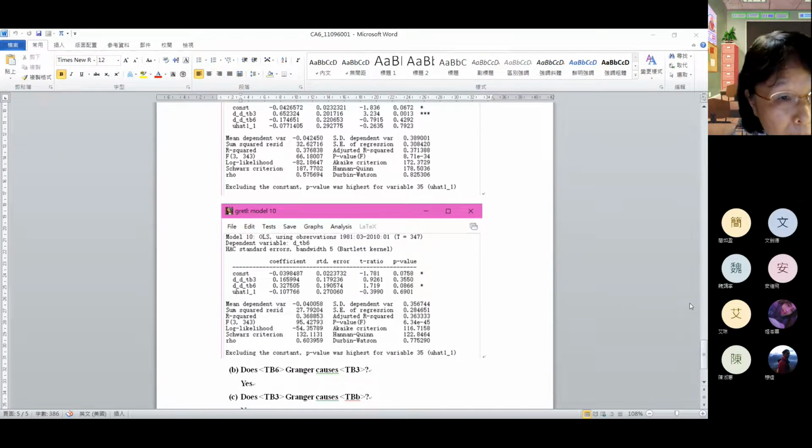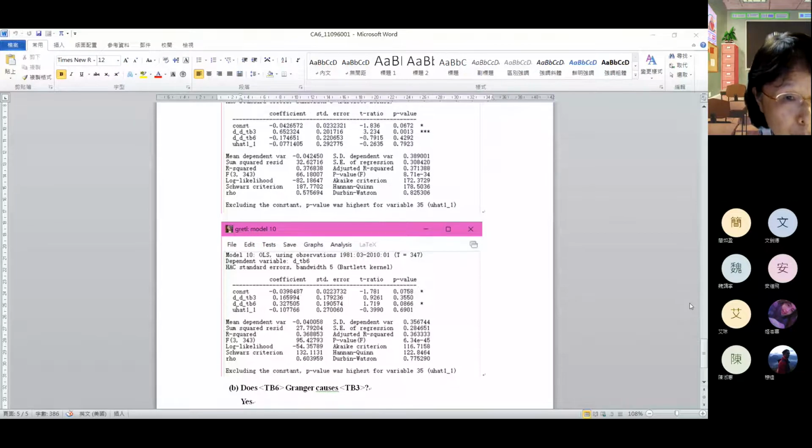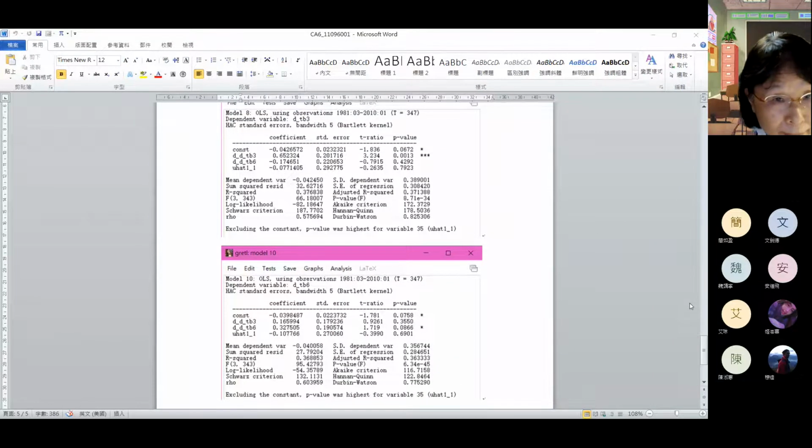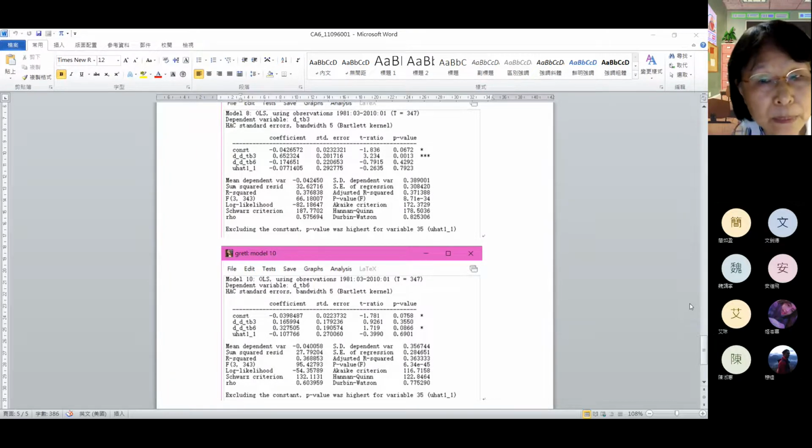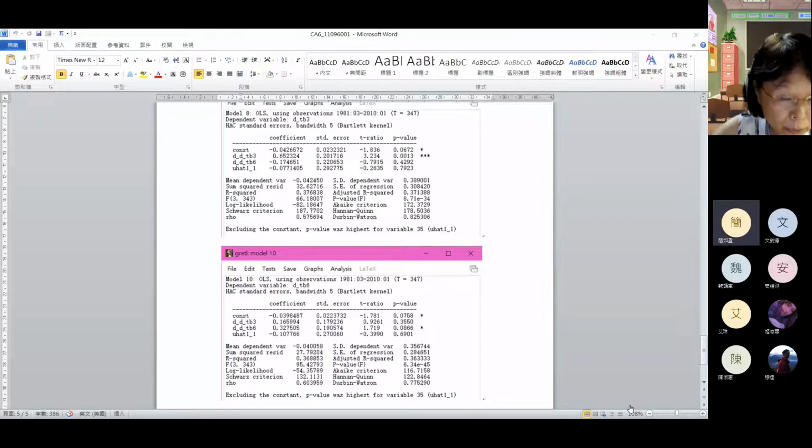Based on the ECM in our examples, and I also show the joint test for this too, right? So please do the joint test again to ensure whether we have the Granger causalities between TB6 and TB3. Understand what I'm saying here? Yes. Okay.